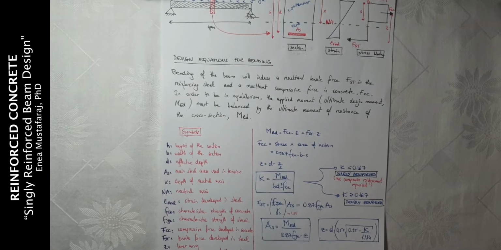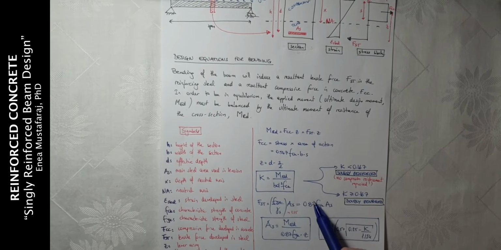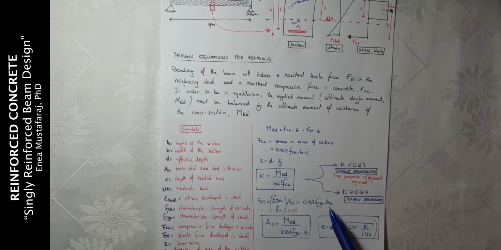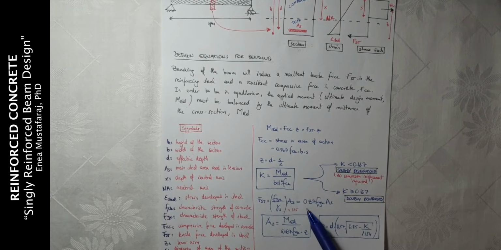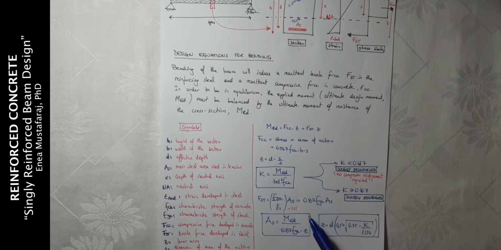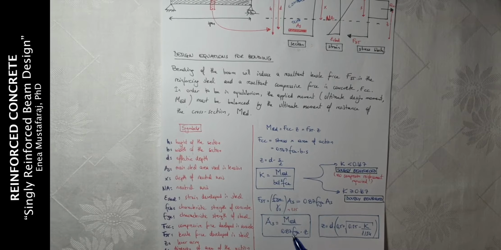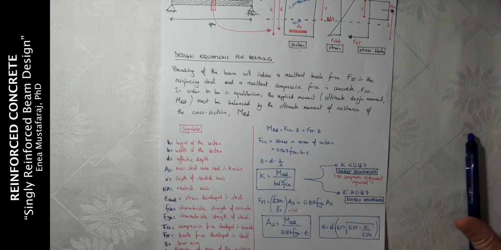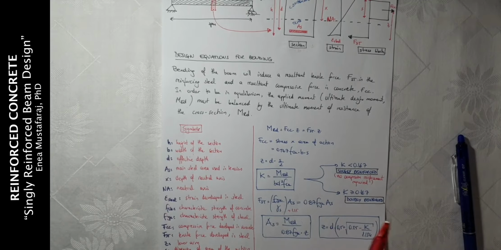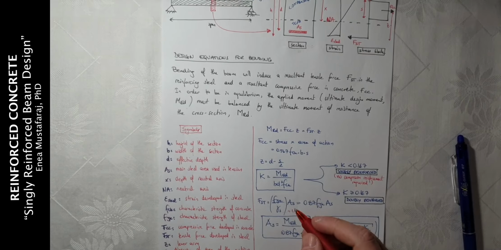Then the force of steel in tension will be equal to 0.87 FYK times AS. 0.87 comes from the characteristic strength of steel divided by the steel material factor, gamma S, which is 1.15.